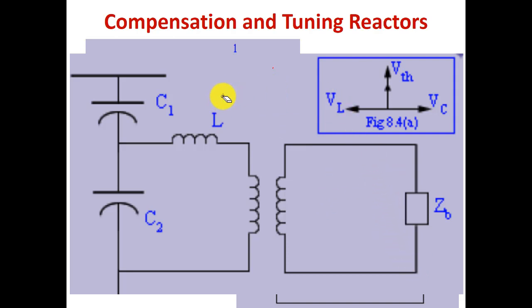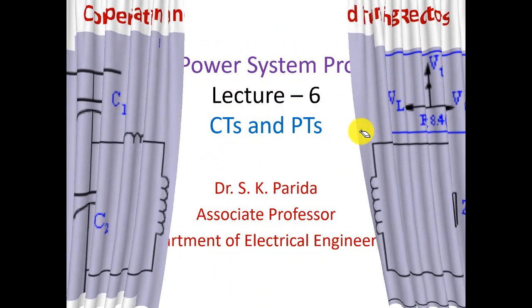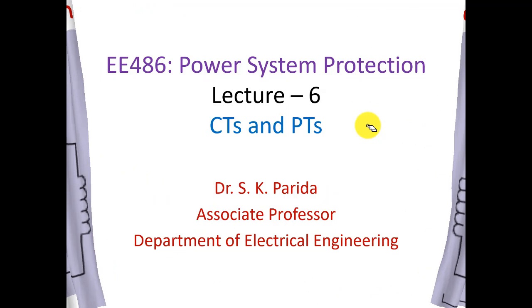This is your equivalent circuit with the tuning reactor, and the voltage drop across the capacitance is VC, and the voltage drop across the reactor is VL, which must be equal in order to feed the VTH directly without any distortion to ZB, right?